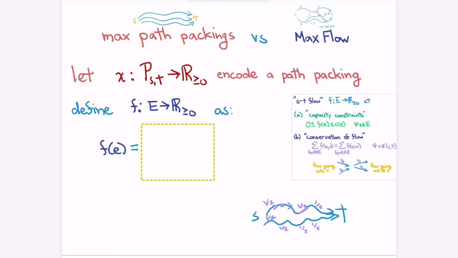Of course, the total flow value is 1, and there were 2 paths from S to T, and I was hoping to show that the total flow value should be at least the total number of paths.